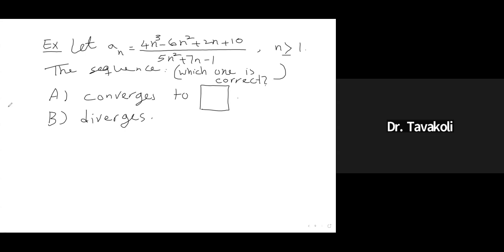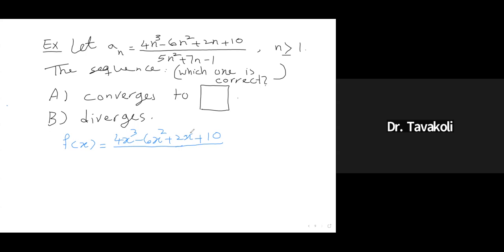What is the continuous function that you will consider for this question? Obviously, it's simple in this case. Just replace all the n's by x's. So 4x cubed minus 6x squared plus 2x plus 10 on top. This is not a sequence anymore.